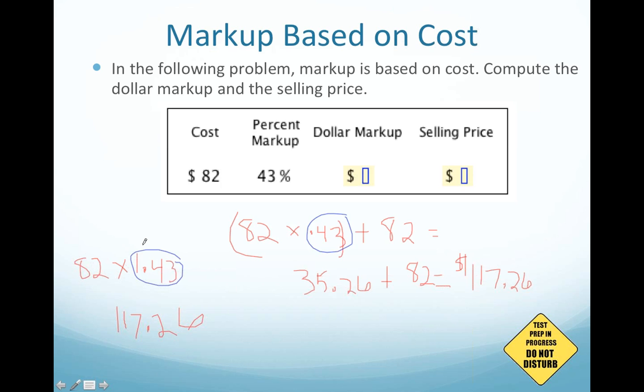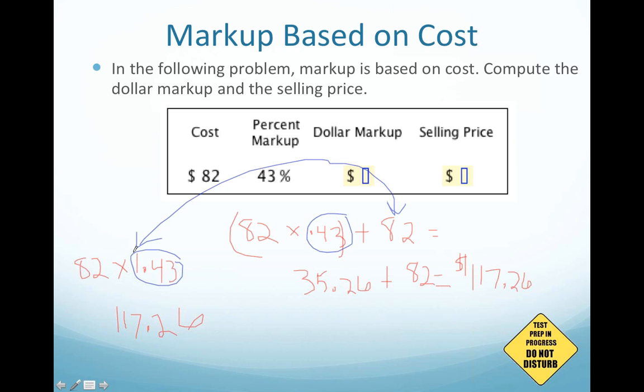Where that 1 came from, it came from the 82, because 1 times 82 is 82. So instead of adding the 82, we just combined the 1 times 82, which is 82, and the 0.43 times 82 in one multiplication problem. So both of these methods are really the same way.